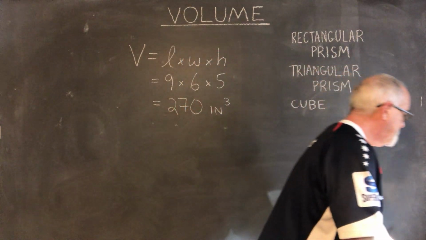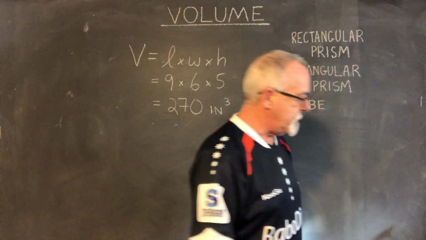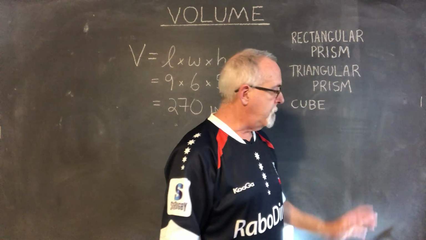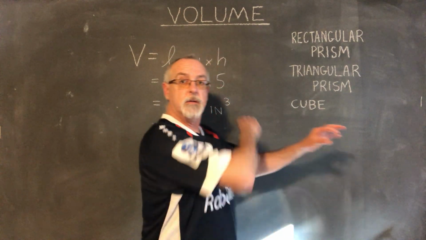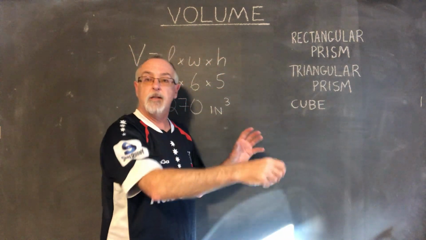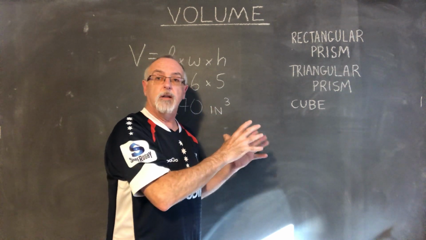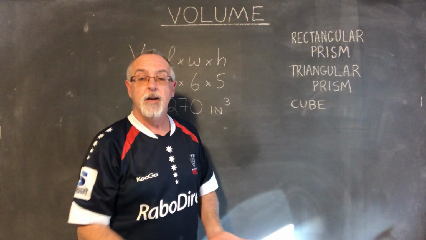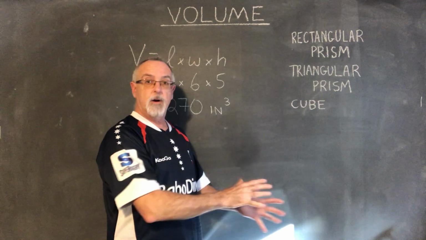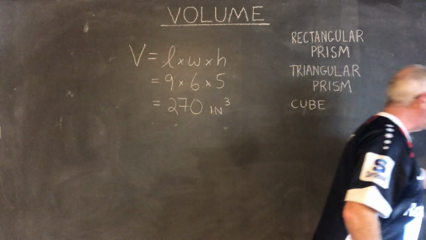Let's do that one. And I happen to already know the length and the width of that rectangular prism because I was using it in previous lessons to trace, to put squares on the chalkboard so we can find their area. So useful for making a square, but also useful as a rectangular prism.